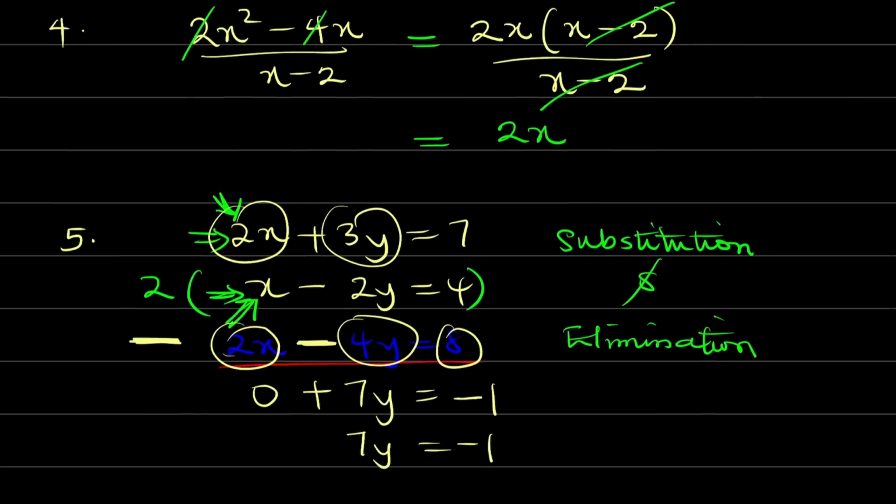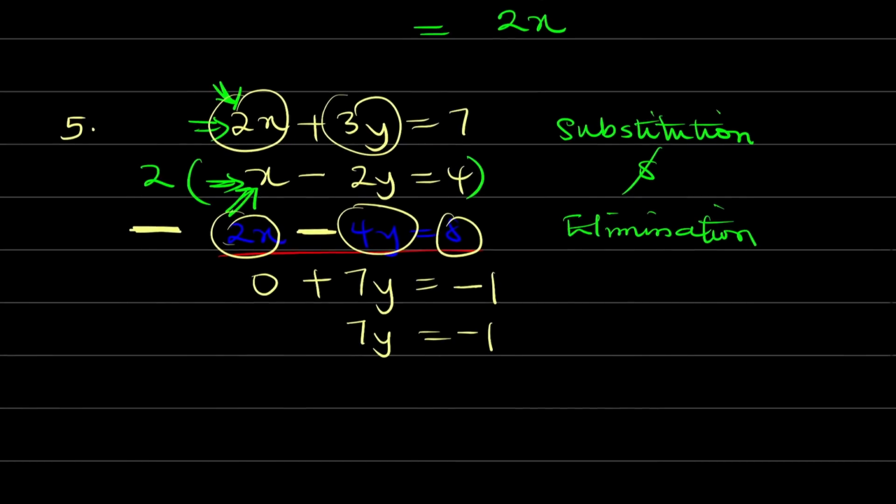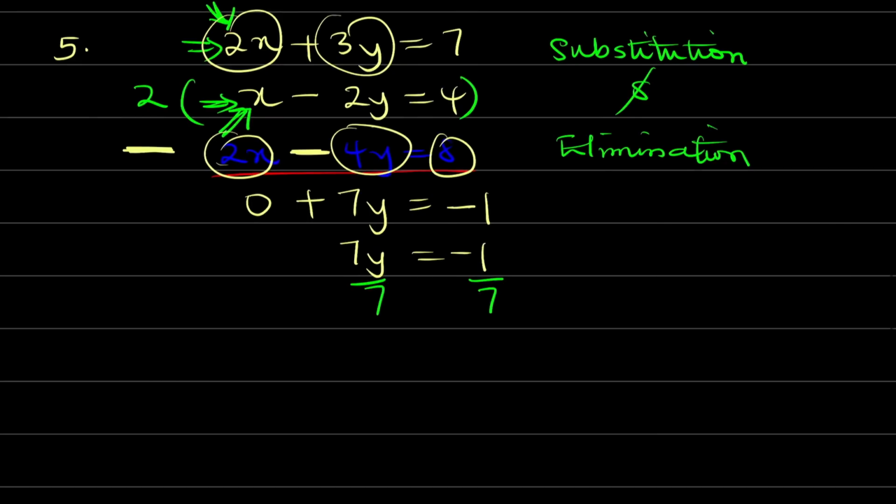That means 7y is equal to minus 1, or we can say divide through by 7, and our y is simply negative 1 over 7. So we have used the elimination method to solve for y.